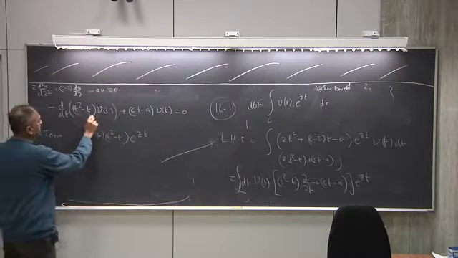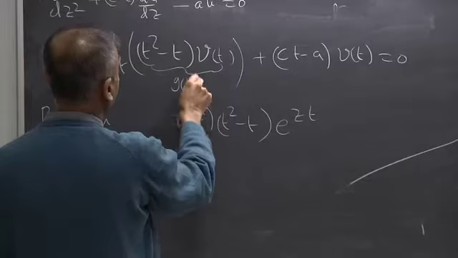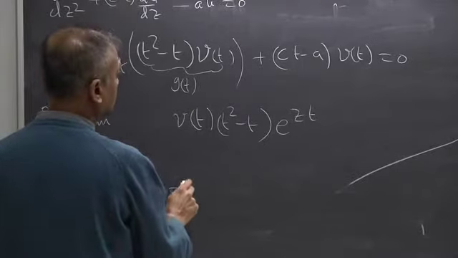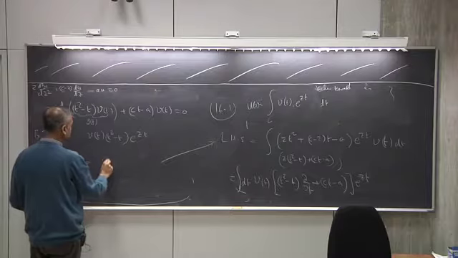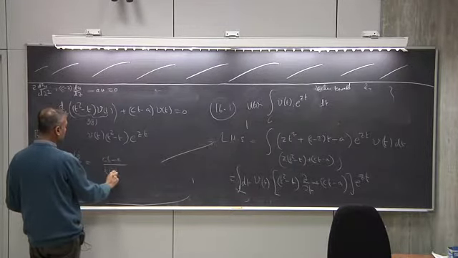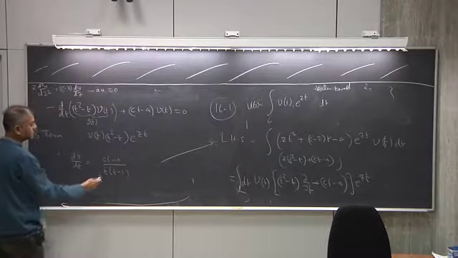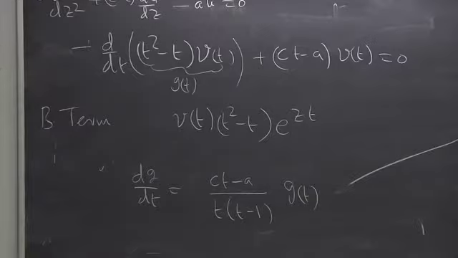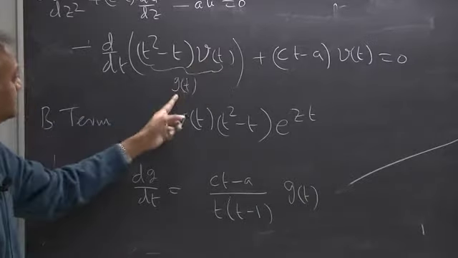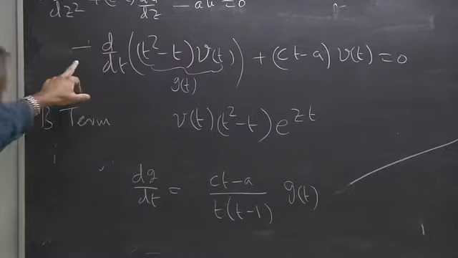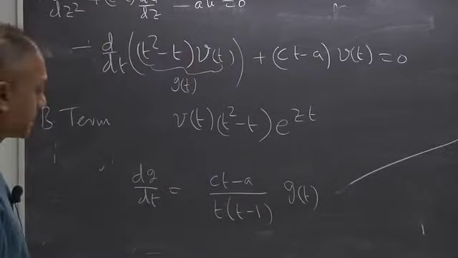Just call this guy some g of t. Then the equation is simply dg by dt equals (ct minus a) divided by t times (t minus 1), because t squared minus t is t times (t minus 1), times g. If I call this whole thing g, then v becomes g divided by that. The minus sign, I took it to the other side.